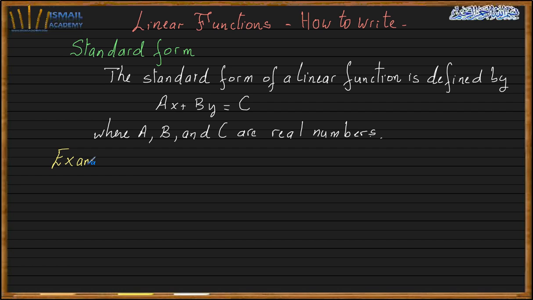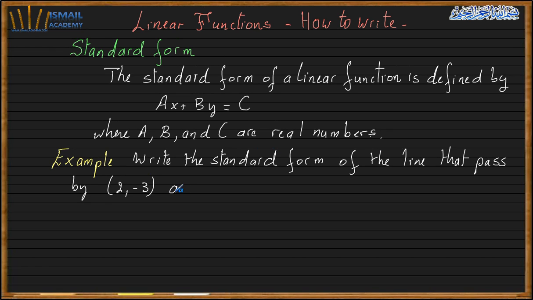Write the equation of the line that passes by the point (2, -3) and has slope 4 over 5.